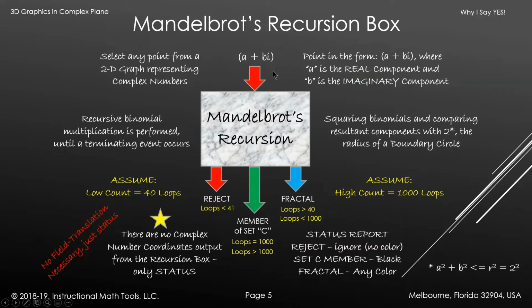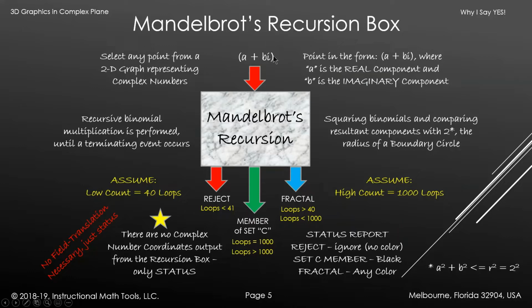Or it comes back to be a fractal and you can color it anything you want. Or it comes back as a set member that belongs to Mandelbrot's set, and the color of this point becomes black. Those are the only three things that can happen out of Mandelbrot's recursion.